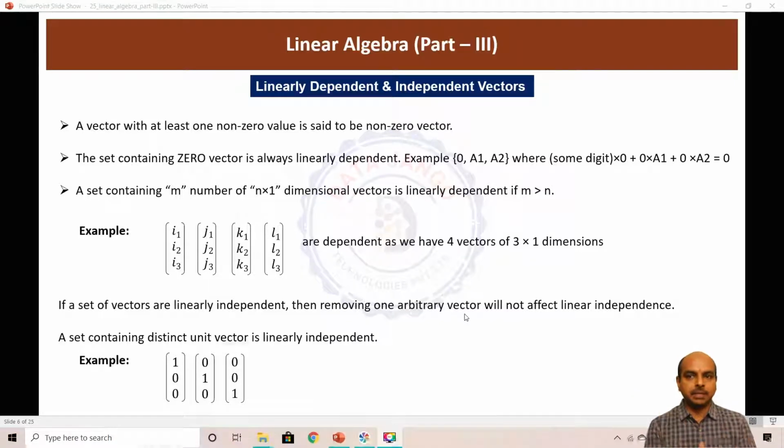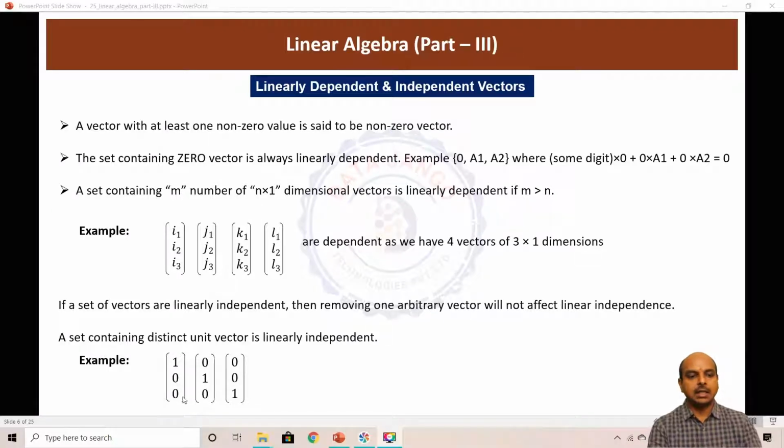It may become linearly dependent or independent, depending on the additional vector. By chance, if you multiply one vector with some number and add it to the set, it becomes dependent. So when you remove one vector from a linearly independent set of vectors, it does not affect the linear independence of the remaining n minus 1 vectors.